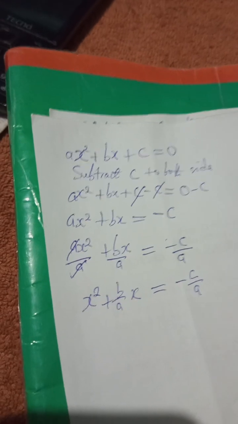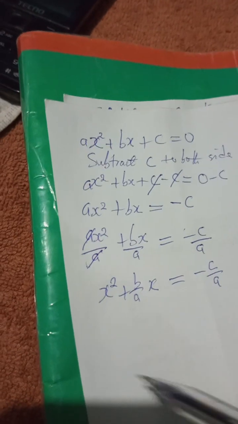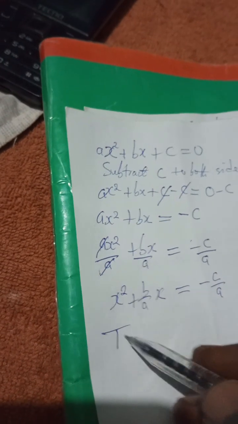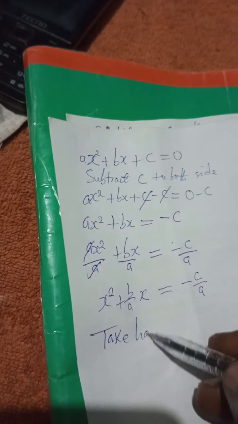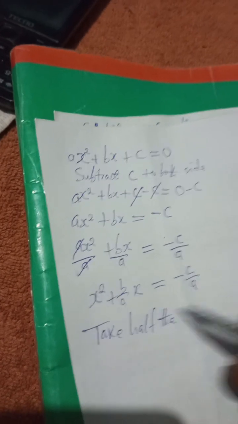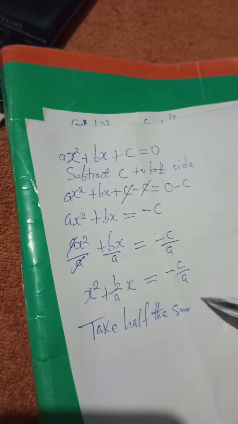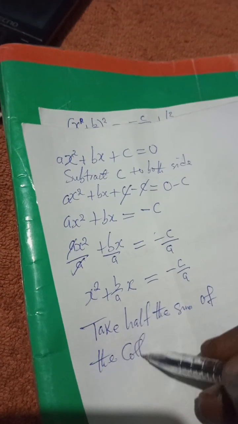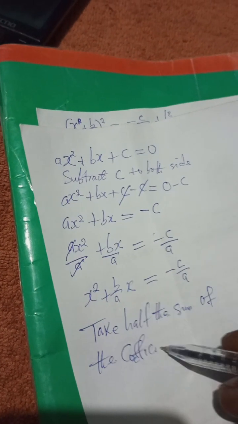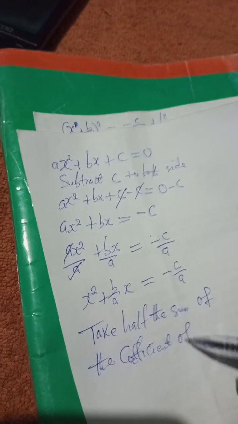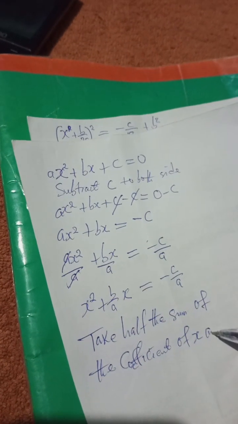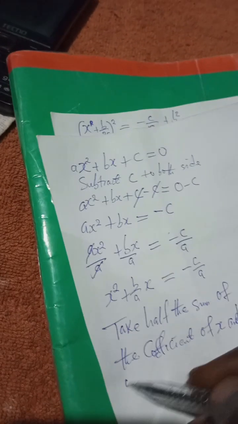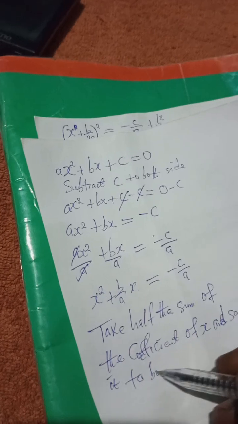Now which step do you need to take now? You have an expression like this, so what you need to do is take half the coefficient of x and square it to both sides.